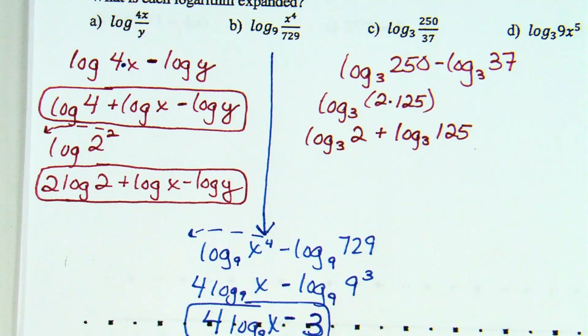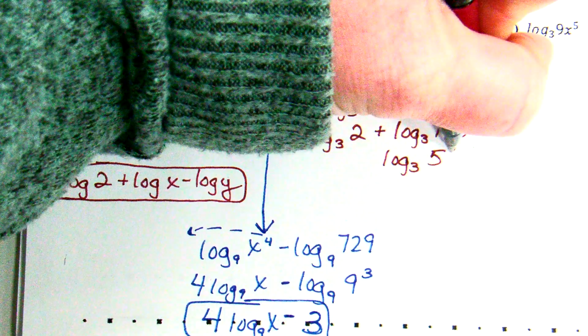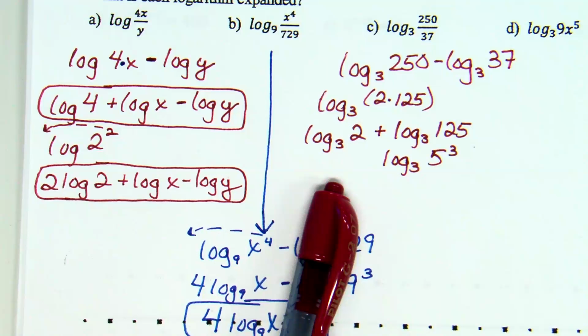What did we decide about 125? 5 to the third? That's according to my paper, right? So that is log base 3 of 5 to the third. What about this 2 here? Log base 3 of 2. 2 is just a 2. That's another prime number.